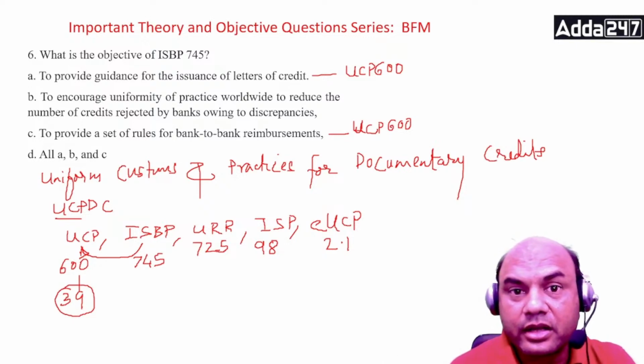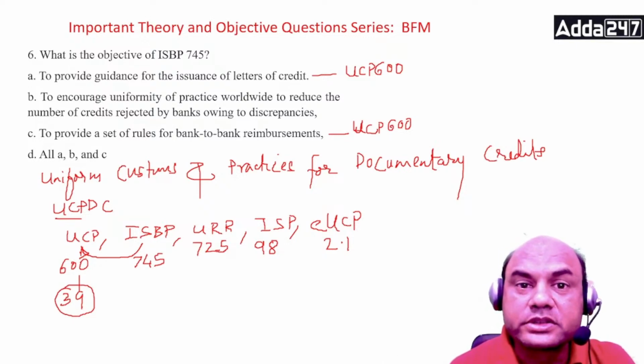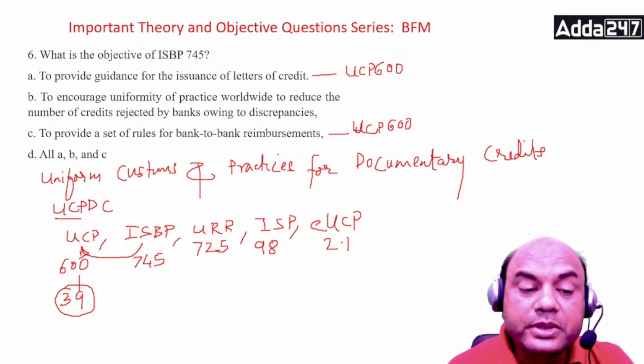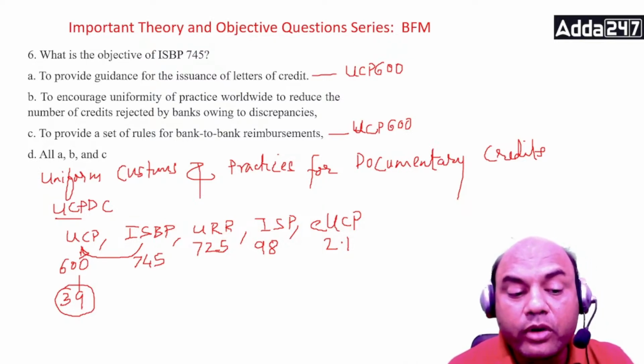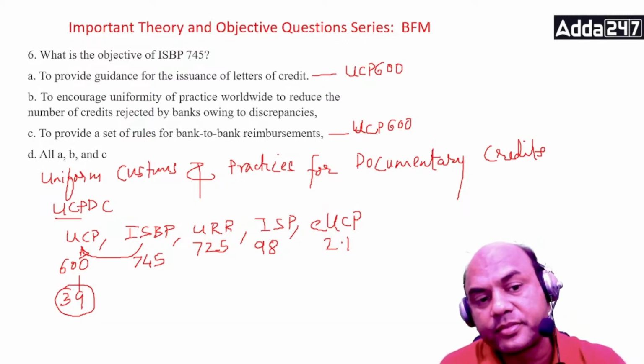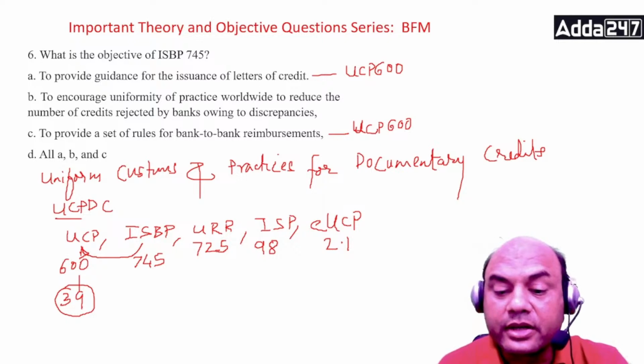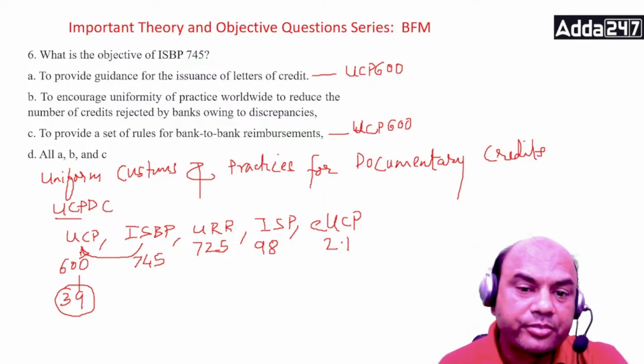Like our regular laws, anyone can interpret them in their own language. But there should be some guidance to bring uniformity in this interpretation, and for that this ISBP has been brought in.